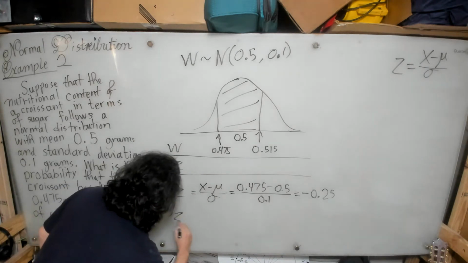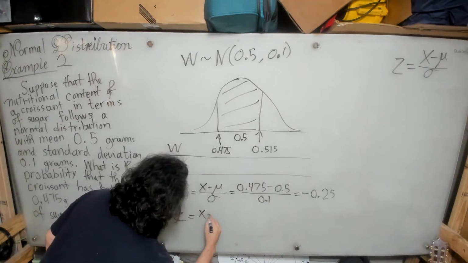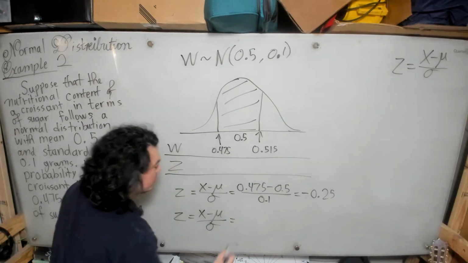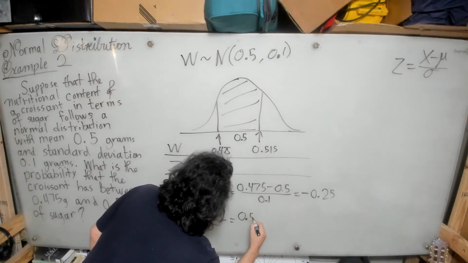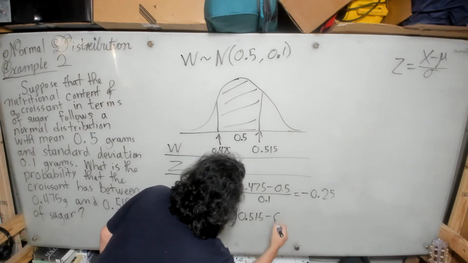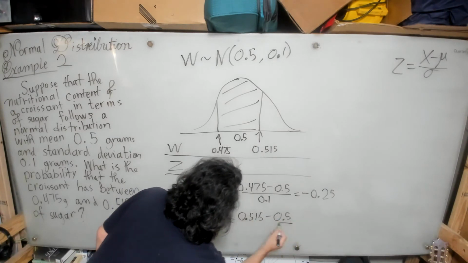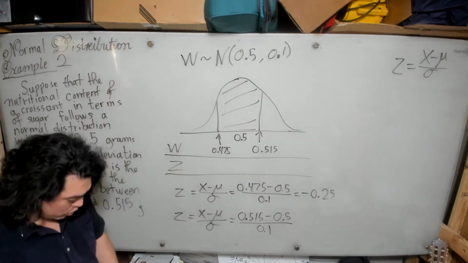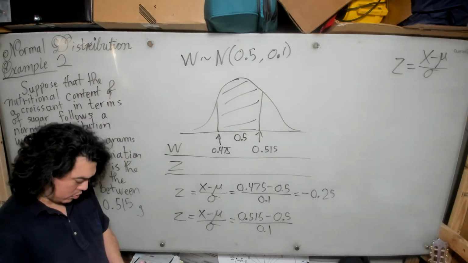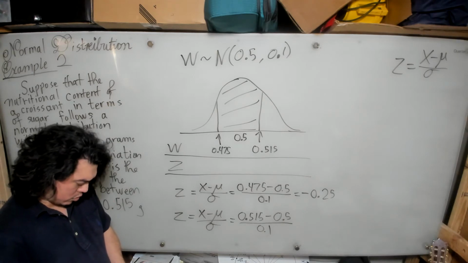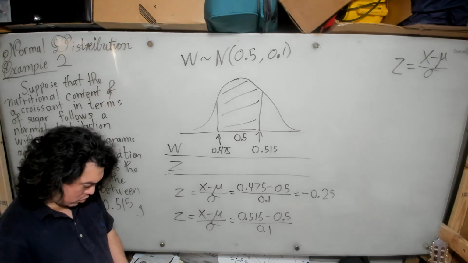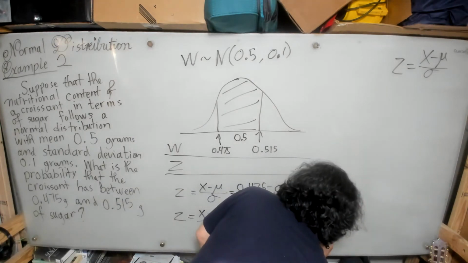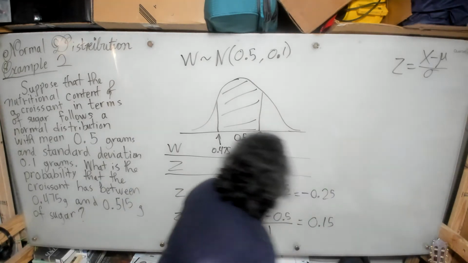So the z-score is x minus mu over sigma, and that is going to give us 0.515 minus 0.5 divided by 0.1. Using my calculator, I get that that's 0.15. Okay, like this.